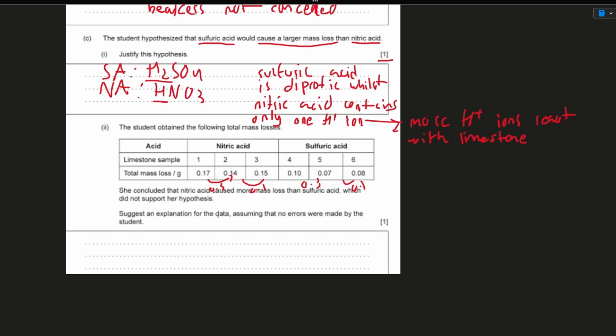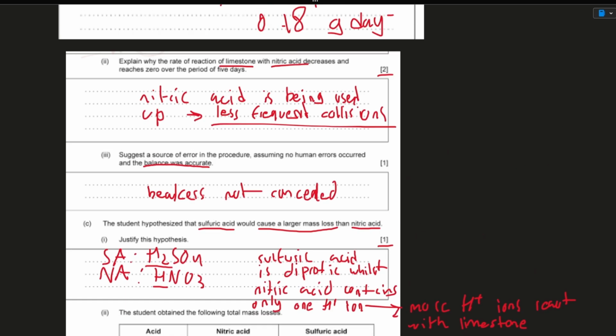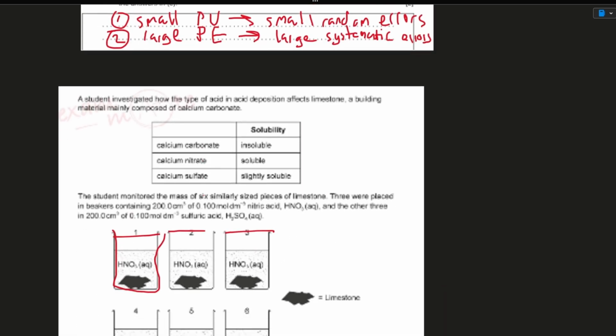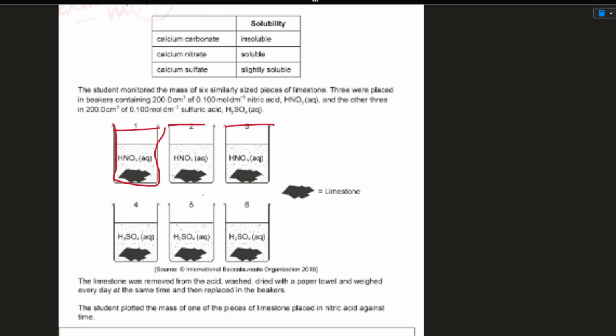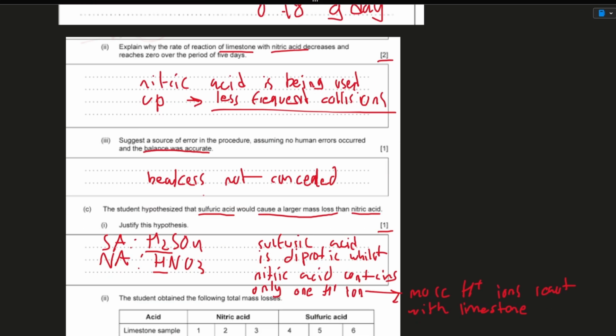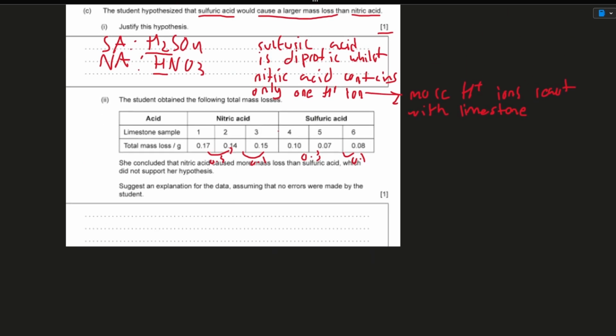Suggest an explanation for the data, assuming that no errors were made by the student. So I assume this has to be from a mistake from the sulfuric acid side.